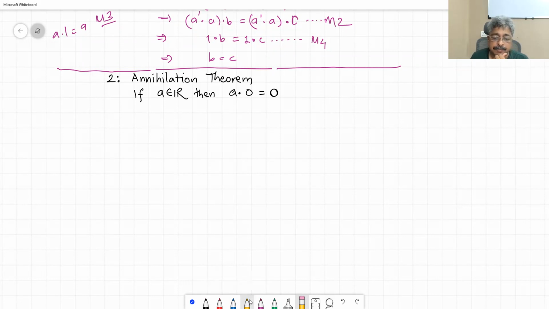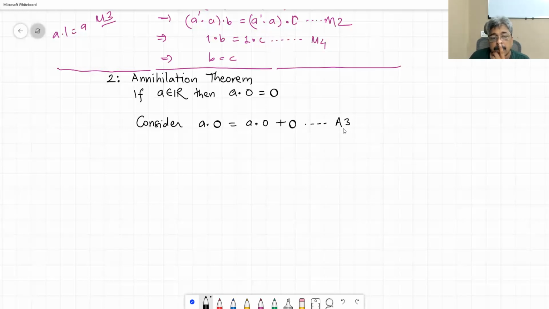Consider a into 0 is equal to a into 0 plus 0. That could be your first step.